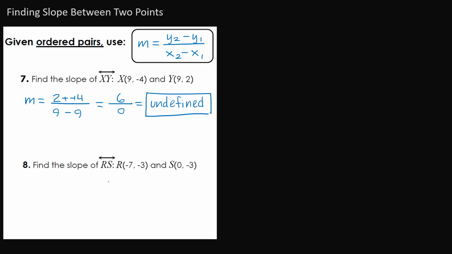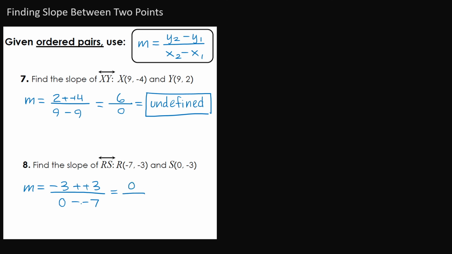Okay, and number 8, we're going to find the slope of line RS with points R and S. Again, change in y over change in x. -3 minus -3 for the rise, our two y values subtracted from each other, and then our x values, 0 minus -7. -3 minus -3 is the same as -3 plus 3, so that's 0.